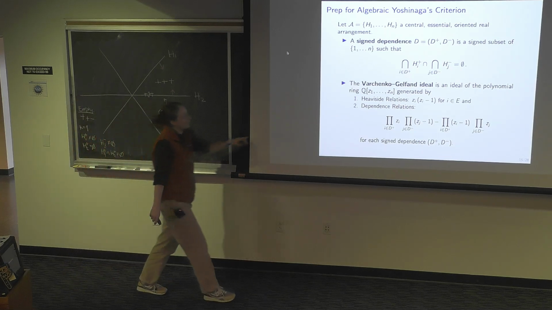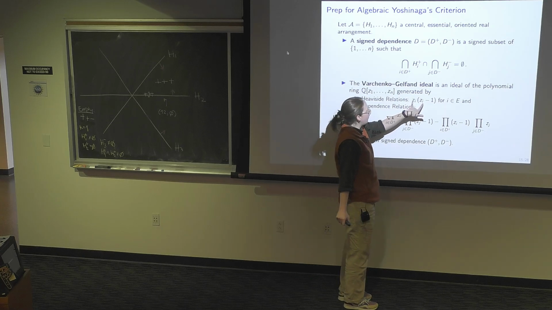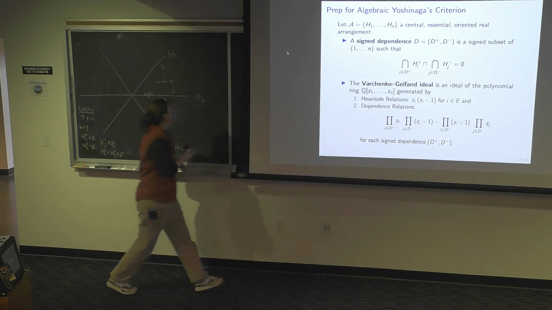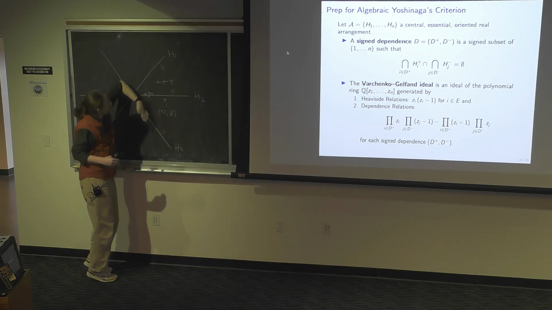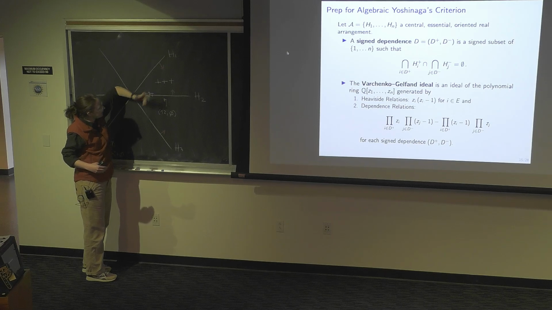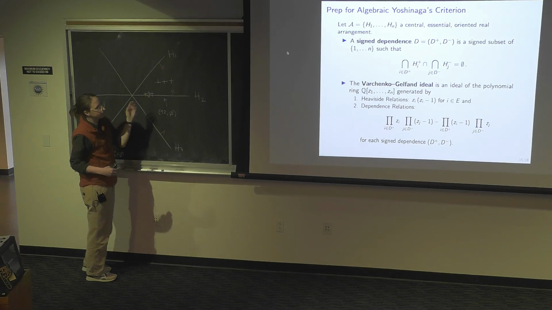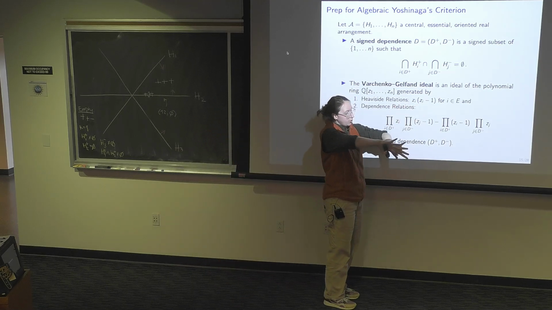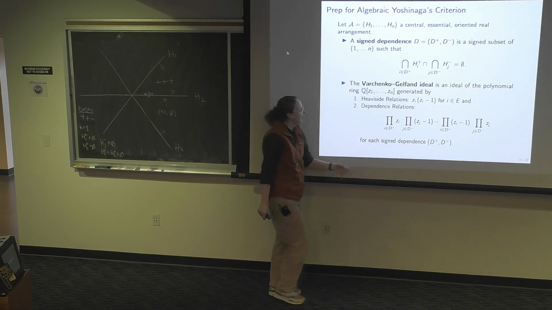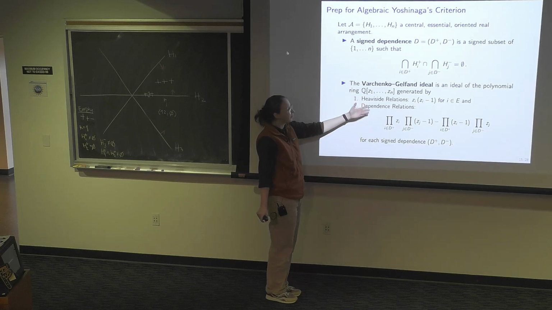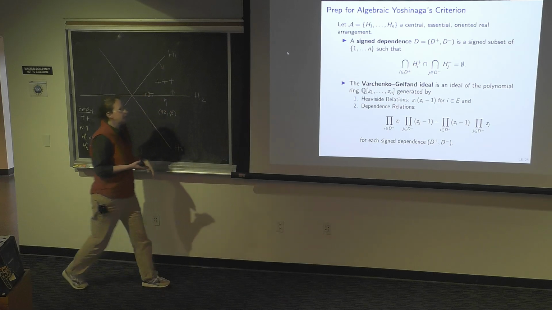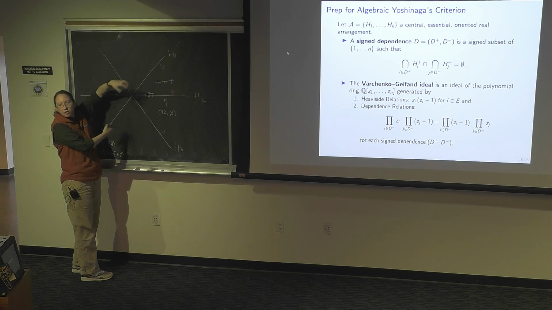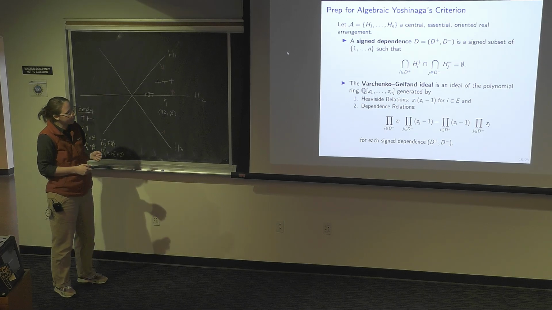For example, maybe I take 1 on one side, and then 0 and minus 1. So it's 1 here, and then I multiply it by its negative, and pointwise, these things are 0. This gives rise to a relation saying the two half spaces are disjoint. These dependence relations have a similar structure, and they come from multiplying these Heaviside functions together and checking the relationships they have with each other.